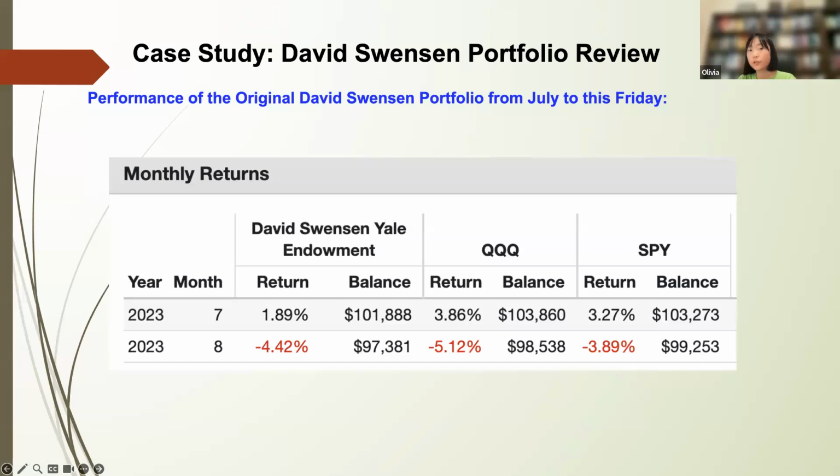So here's the performance of the original David Swensen portfolio from July to this Friday. And you guys can compare it. Oh wait, they lost money. So you can compare it with your portfolio. And remember this though. Maybe some of you are going to have higher returns than the David Swensen portfolio.